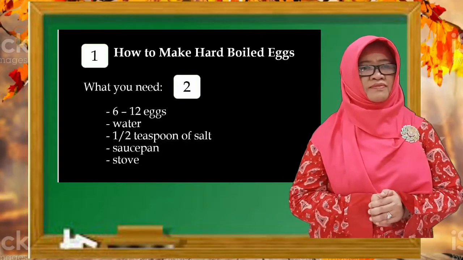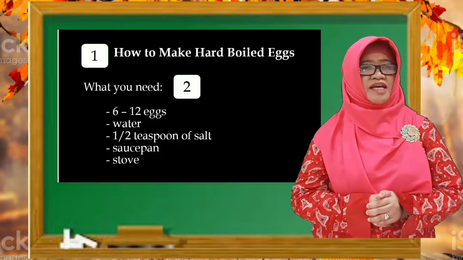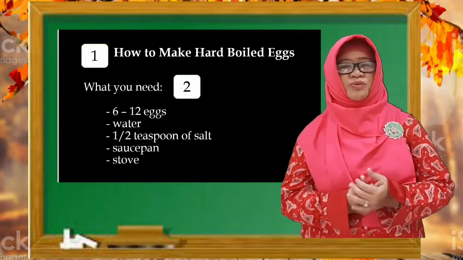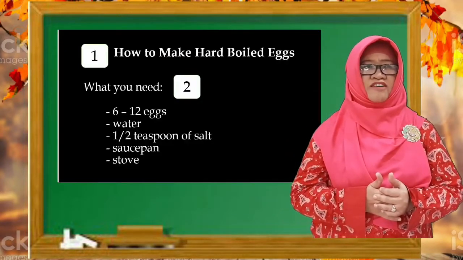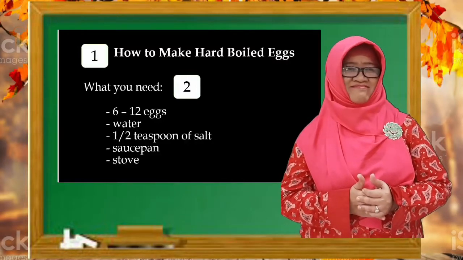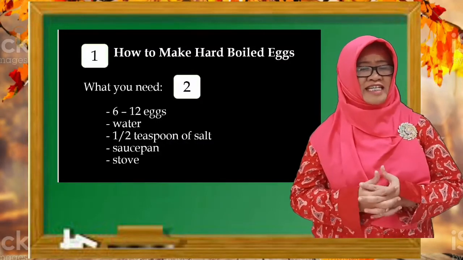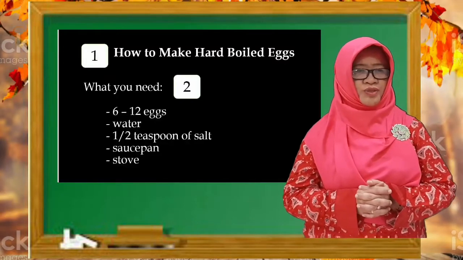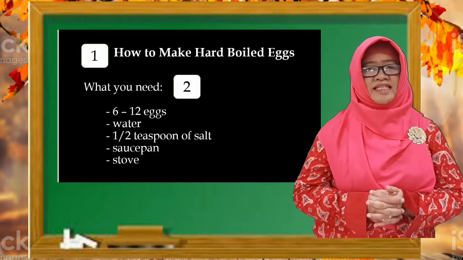For example, in this text, the tools and materials you need in making hard-boiled eggs are 6 to 12 eggs, water, a half teaspoon of salt, a saucepan, and a stove. Sometimes, if we don't need materials or tools in reaching the goal, we may keep or delete this part.